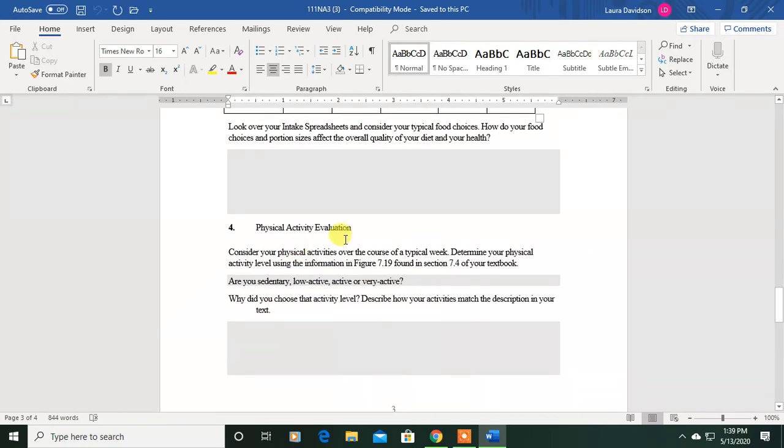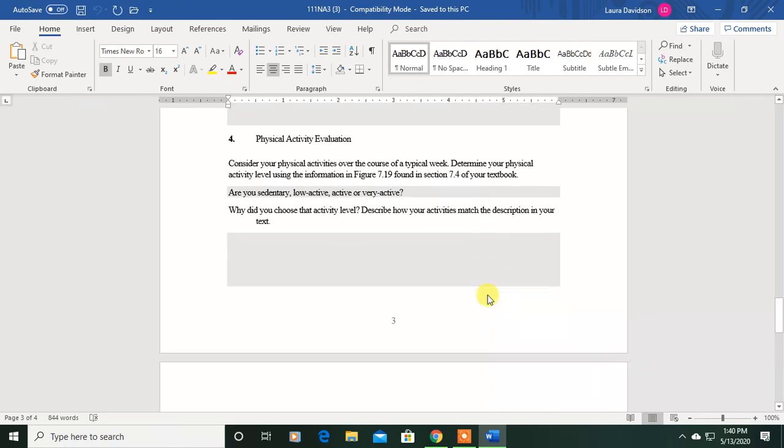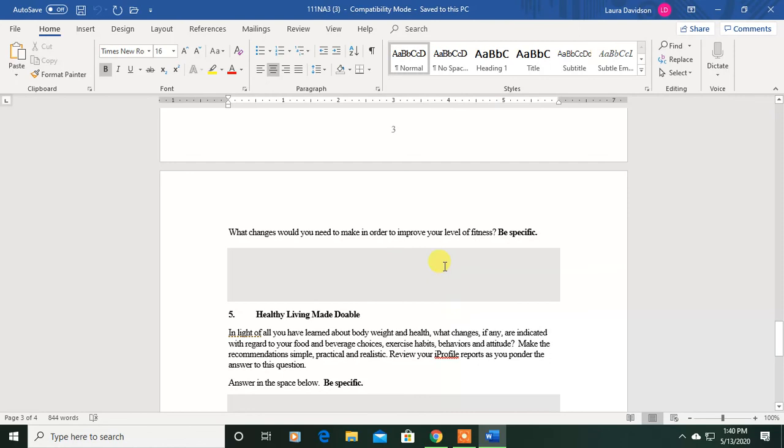The next part of this evaluates your physical activity, and you're going to use your textbook to determine which category you fall into. And you're going to explain to me why you chose that activity. So describe how your activities match the description. What changes would you make in order to improve your level of fitness?